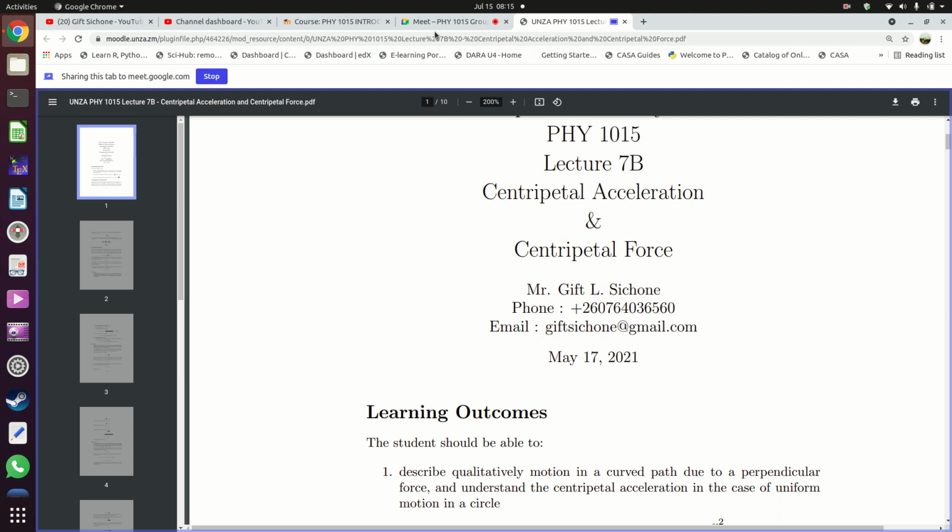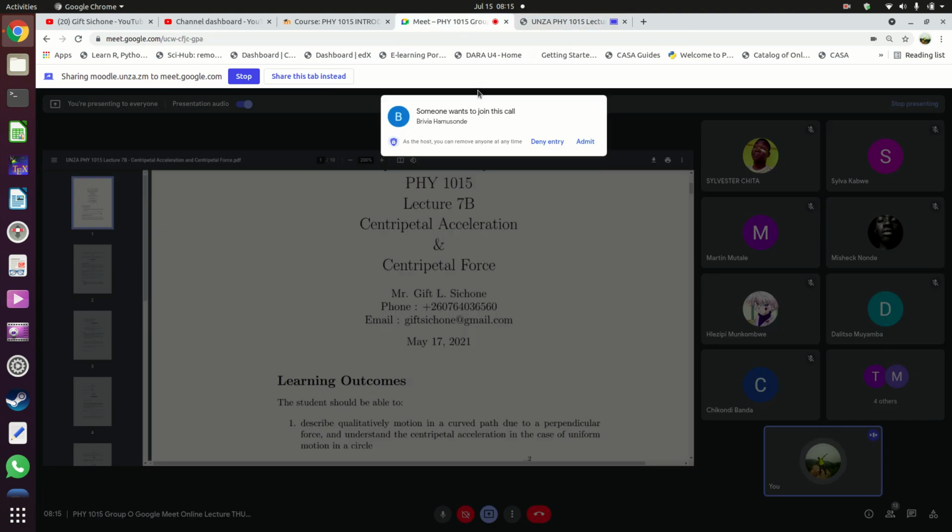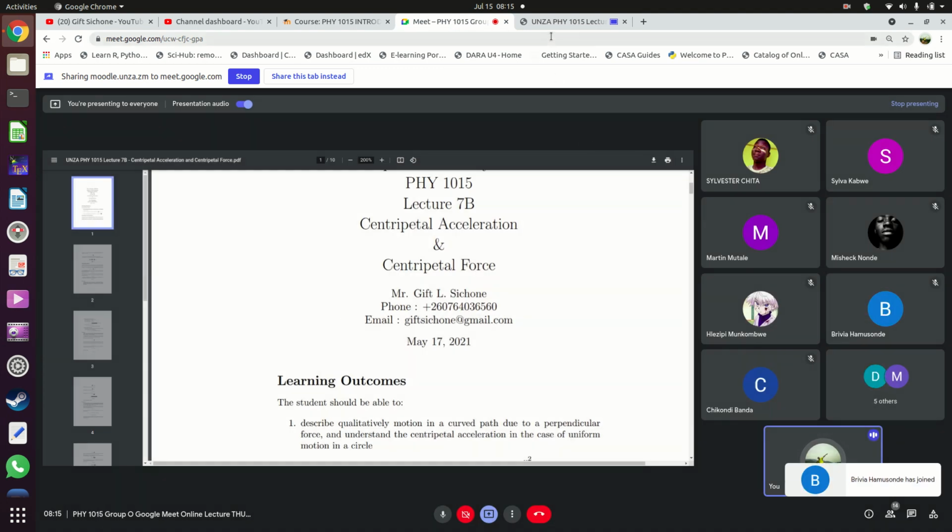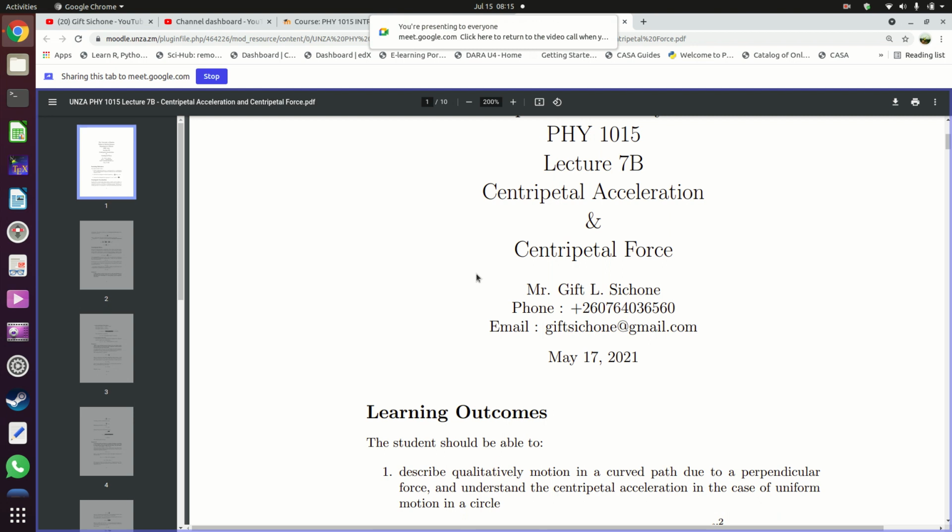From F equals ma, this object going around in a circle has a certain amount of mass. But it is not the mass which causes the acceleration. It is being caused by a force.